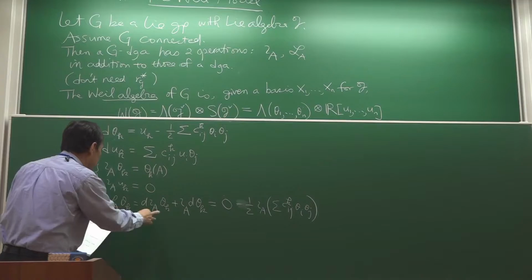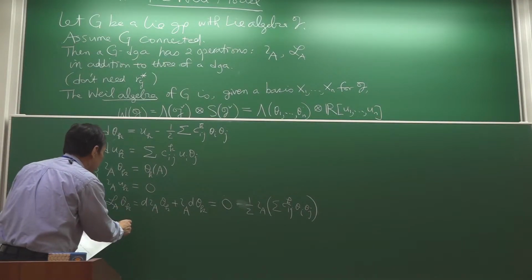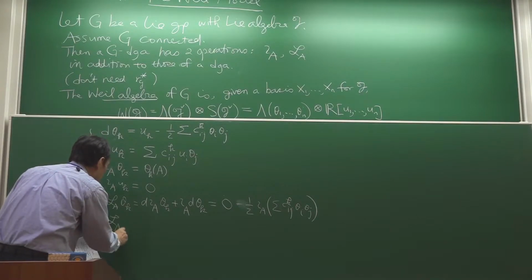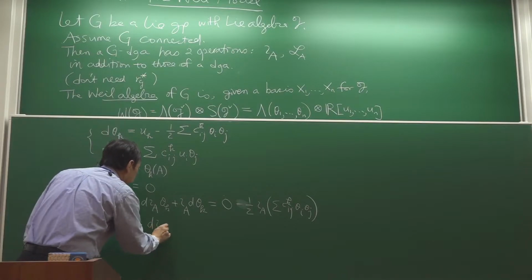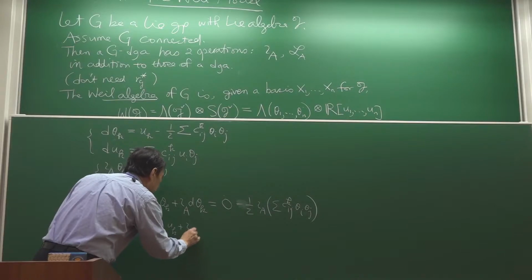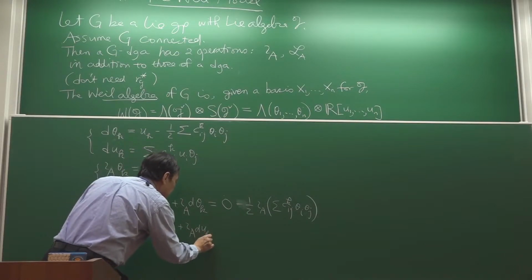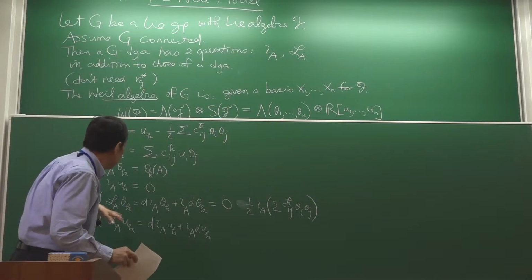So L_A is just defined by this formula. So L_A of u_k is d i_A u_k plus i_A du_k, okay? And it will be something.